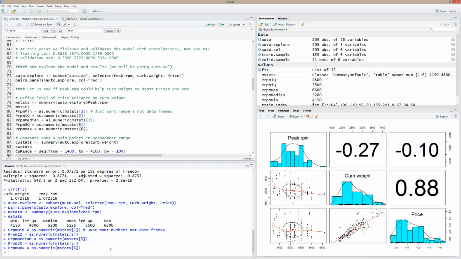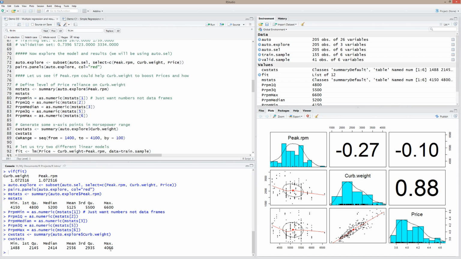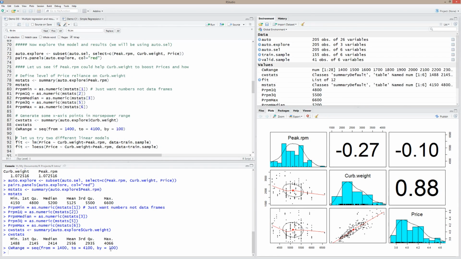What I'm going to do next is to create a range of possible values from the second variable, which is curb weight. And I observed that the curb weight varies from around 1400 up to 4100, and therefore I created 100 values in that range and stored it away in the vector CW range. Now I'm ready to play with this.